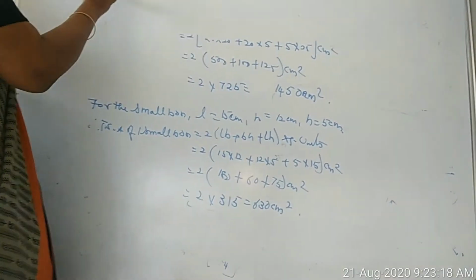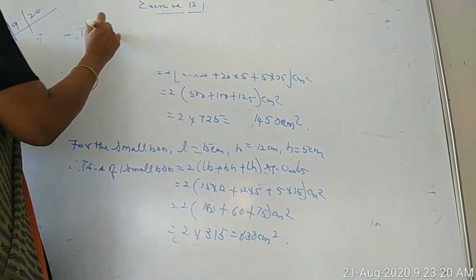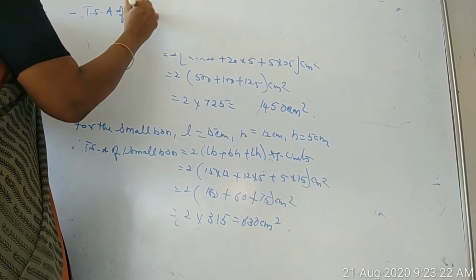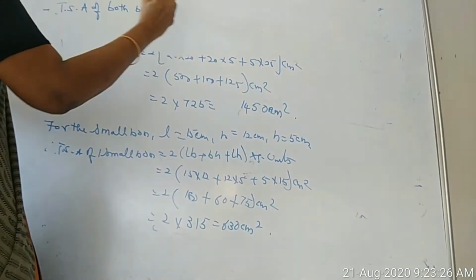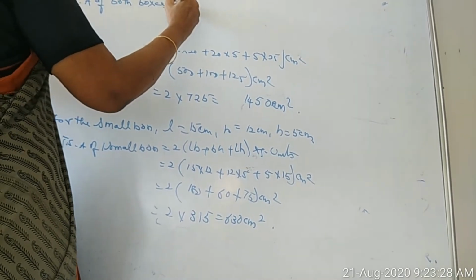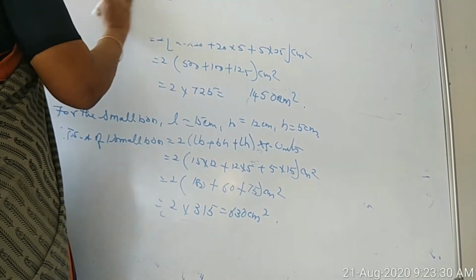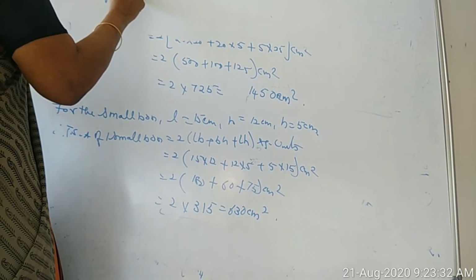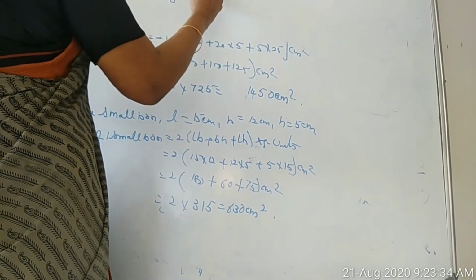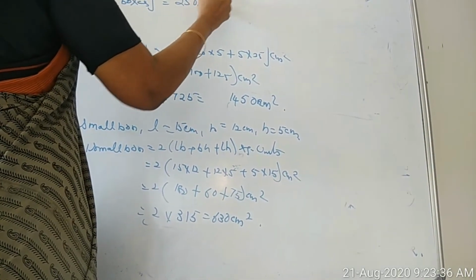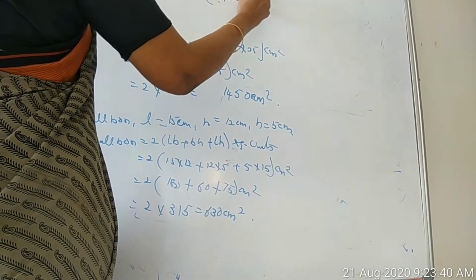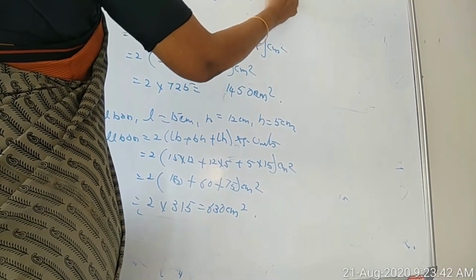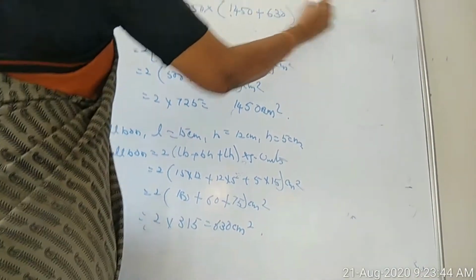Therefore, TSA of both boxes, with 250 boxes, is equal to 250 into, what is the TSA of the first one, children? 1450 plus 630. Are you following, girls?